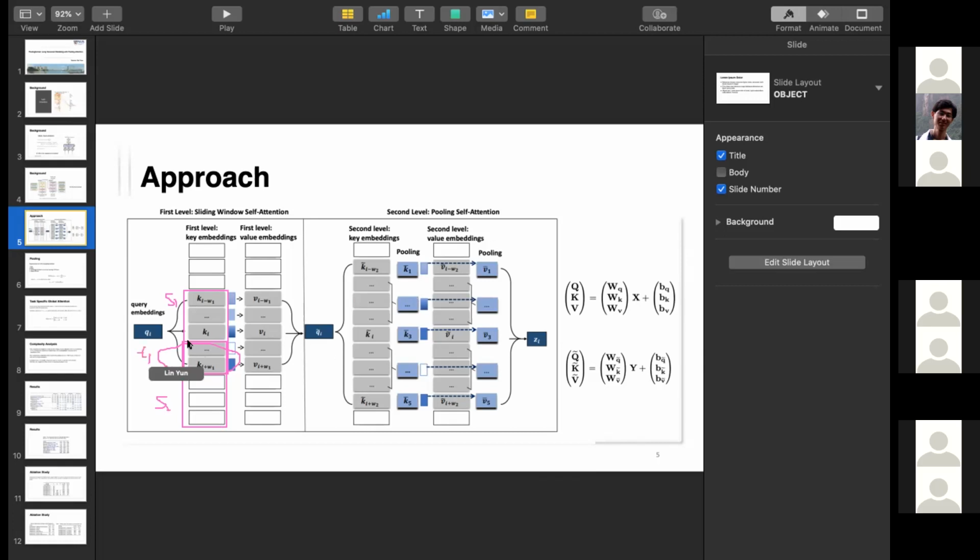Actually, their information might be overlapping, but the embedding is not overlapping, because for S1 we are using Qi to generate these attentions, and this Qi is for S2. By the way, this Qi is for a window, a sliding window. That means all the tokens in this sliding window share the same Q, or share different Q? What do you mean?